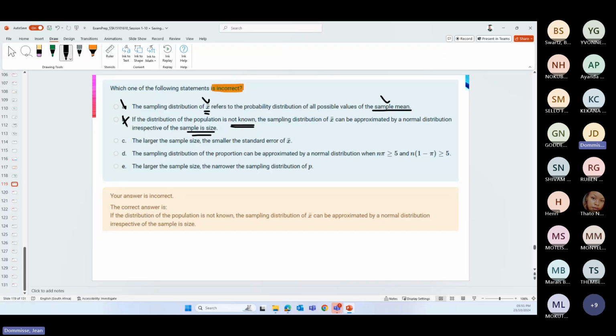So even imagine now if your distribution of a population is not known, then you can't just assume that it is a normal distribution. So remember when we said that for a distribution to be close to a population, you need to know certain things about that sample. So is it likely to be like the population?